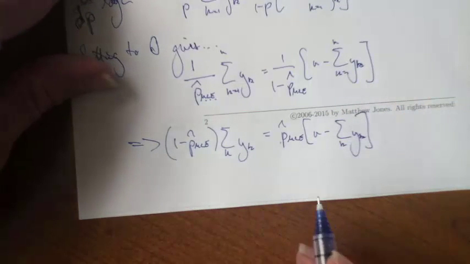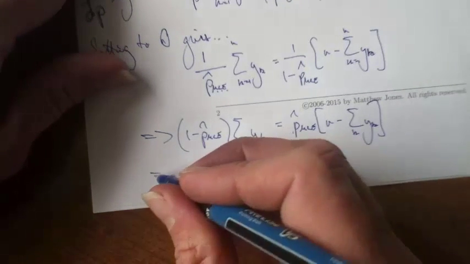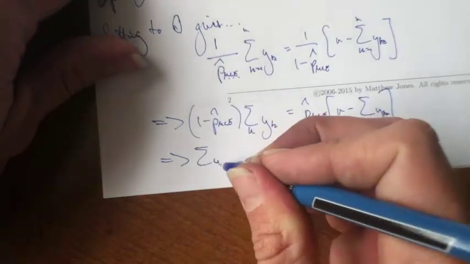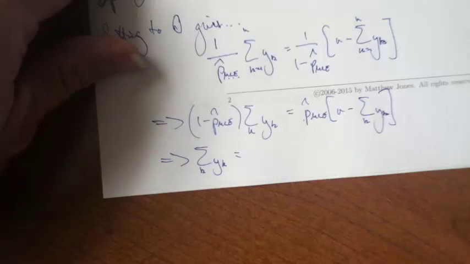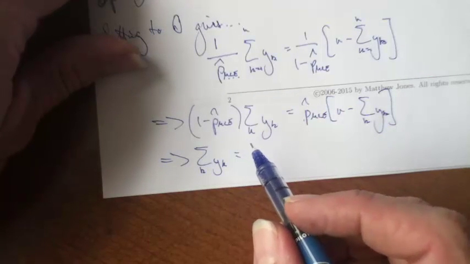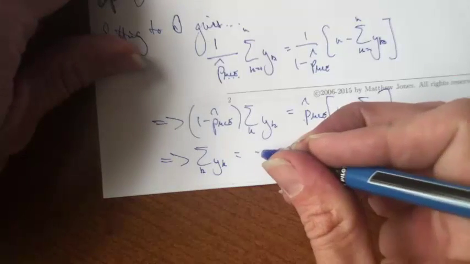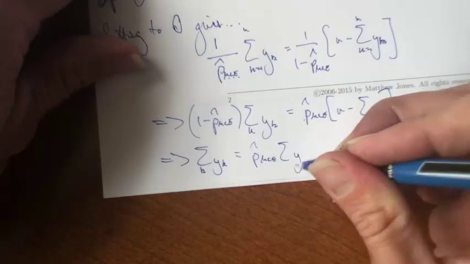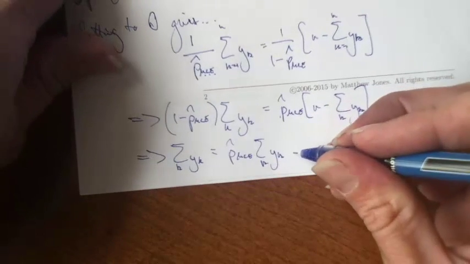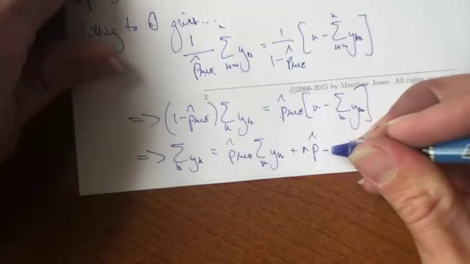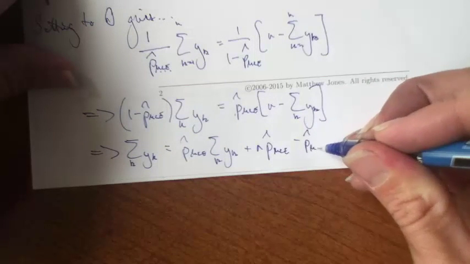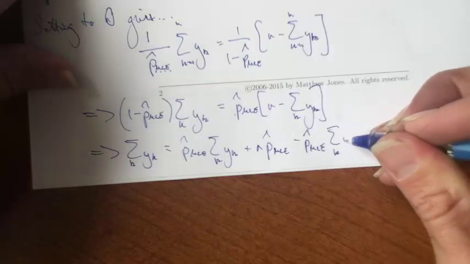If I do a little bit of algebra here, I get the sum of the yk is p hat MLE times the sum of the yk plus n times p hat MLE minus p hat MLE times the sum of the yk.